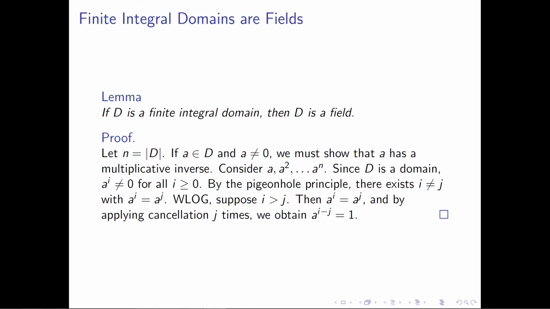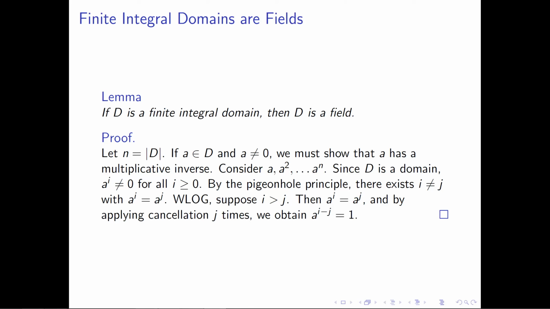And there we have n non-zero elements of D. So by the pigeonhole principle, there are too many powers that we're looking at here for each of them to be distinct, which means that there are integers i and j that are different, i and j are not the same, and yet a to the ith power must be equal to a to the jth power. That is, we have to have some repetition going on.